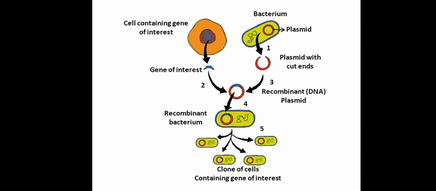And in the bacterium, the same enzyme is used to cut the plasmid, which shows cut ends. Then the gene of interest and the plasmid are fused together to form a recombinant DNA plasmid, and this is said to be a recombinant bacterium. From this bacterium, many bacteria are cloned. So this is said to be a clone of cells which contains the gene of interest.